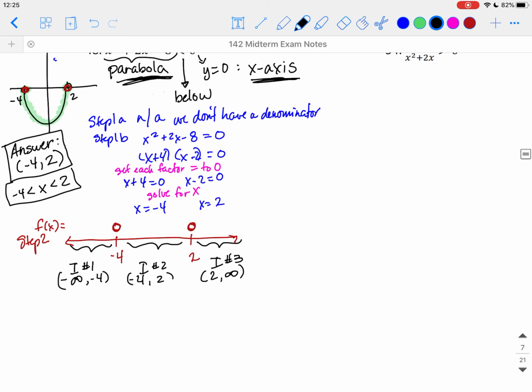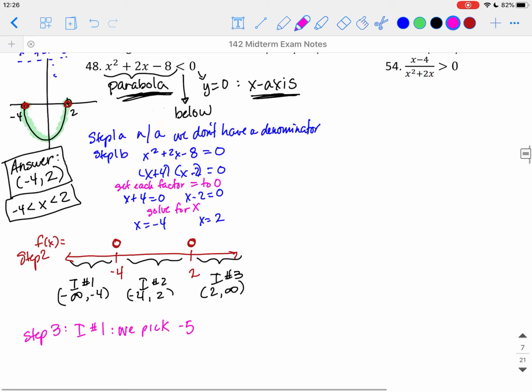So here I go. For step 3, for interval number 1, you need to pick a number in between -infinity and -4. On a good day, you could pick -5, -10, whatever you want. On a bad day, pick a number that's to the right of that. So I'm going to put here that we pick -5. And what we need to do is insert it into the function. So we're going to do f of negative 5.